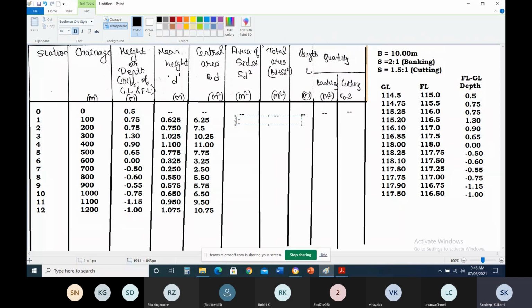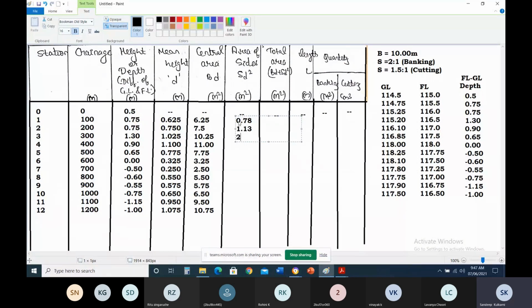So here the first one will be s into d square, that is 2 into 0.625 square, because mean height or mean depth is 0.625 and s is 2. So 2 into 0.625 square, I'll be getting 0.78. Similarly, next one: s is 2 and d is 0.75. So 2 into 0.75 square, I get 1.13.